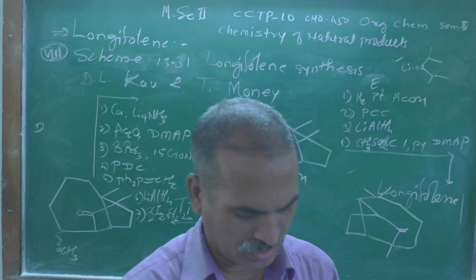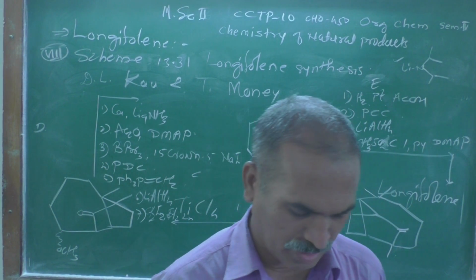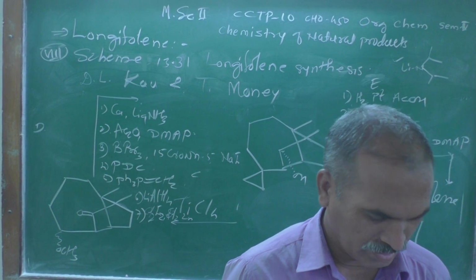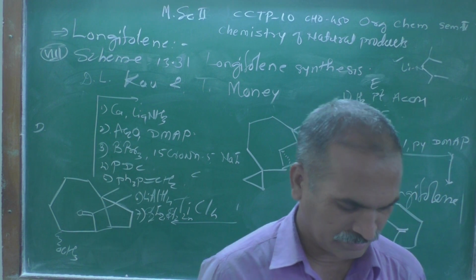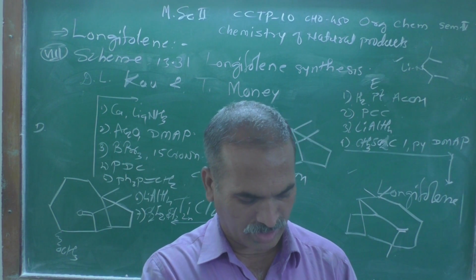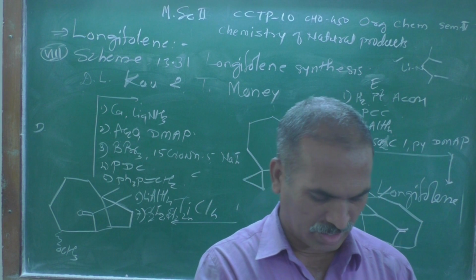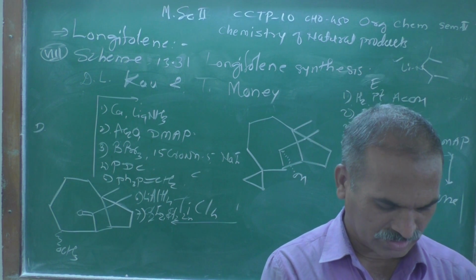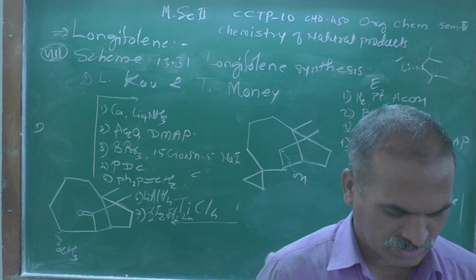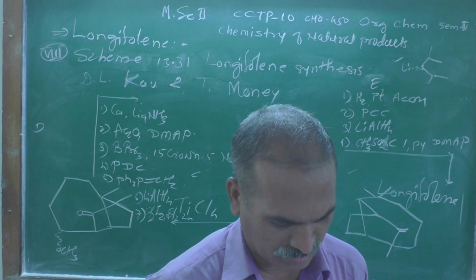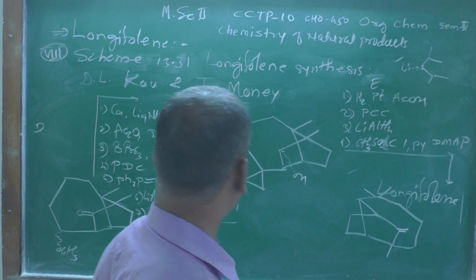We got here LDA, lithium diisopropylamide, that structure we already know. TBDMS, that is tertiary butyl dimethylsilyl, t-BuMe2SiCl, is represented here like this.